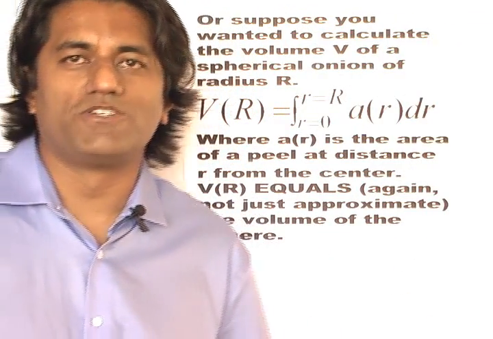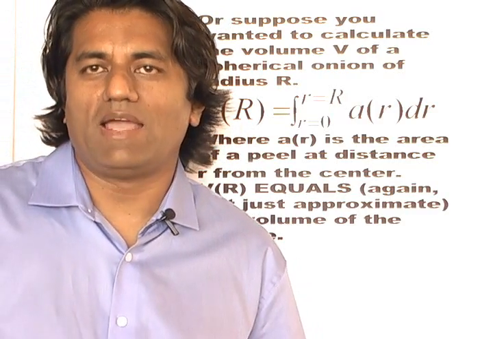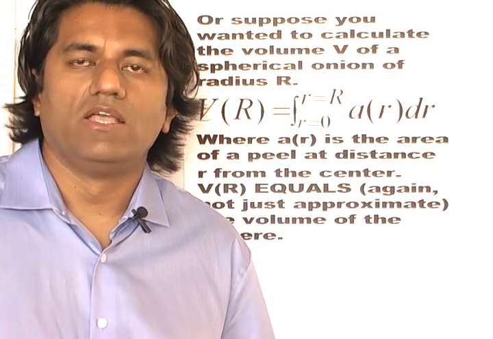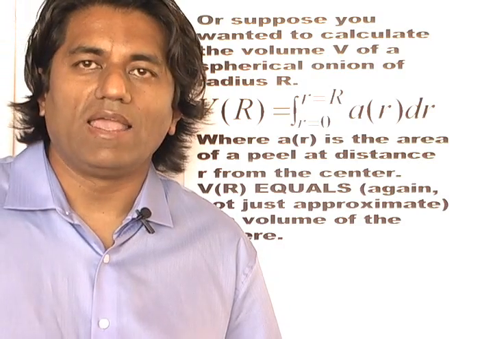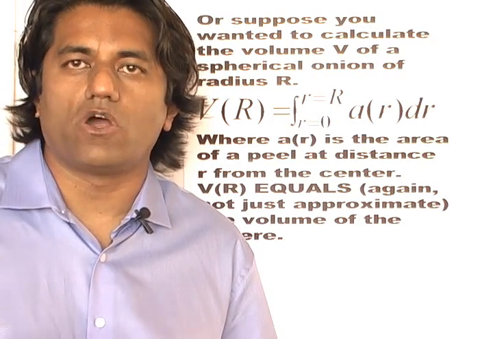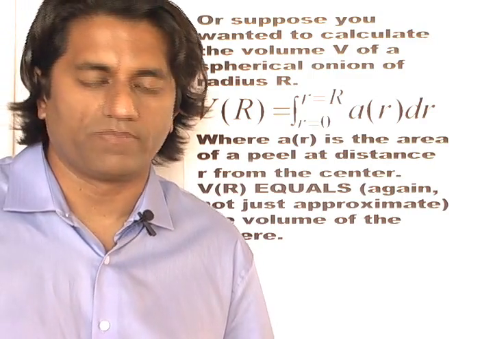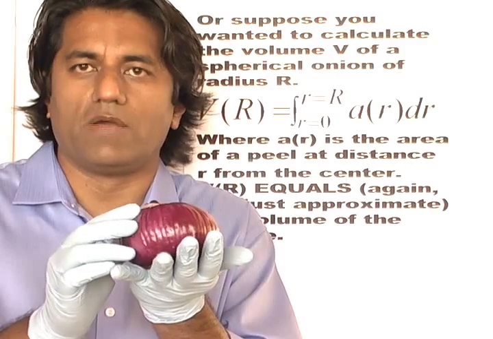Now, of course, distance is not the only time when you apply integral calculus. Very few things in nature are actually constant. So whenever you want to multiply two things in nature, usually you have to resort to integral calculus rather than straightforward multiplication. For example, take the volume of a sphere.